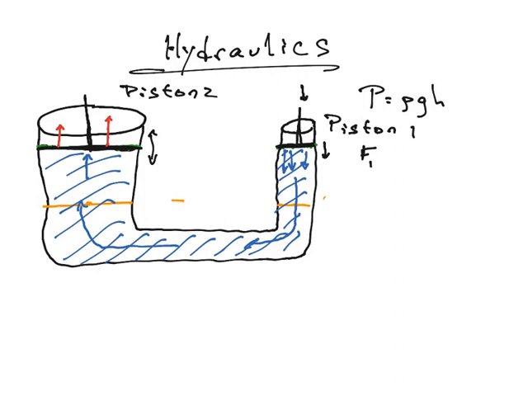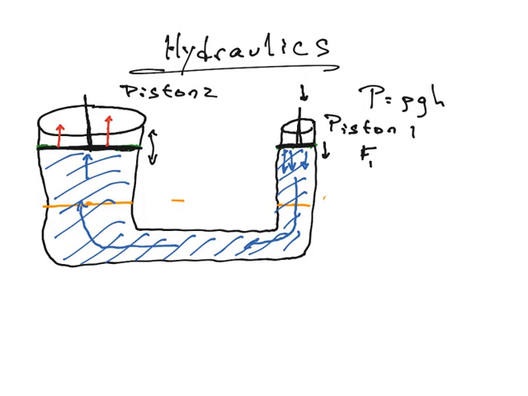Well, I know by what's called Pascal's law, the pressure must be the same, especially at the same heights, or same depths. If I'm pushing on piston 1 with a certain force, that gives rise to a certain pressure, right?